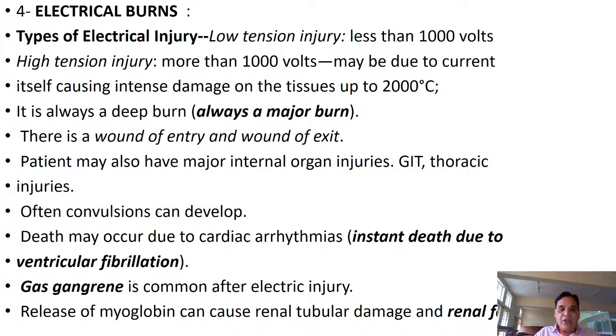Brain injuries can give convulsions, and instant death due to ventricular fibrillation, because all electrical burns cause cardiac arrhythmias. And even if the patient survives, unfortunately he is likely to develop gas gangrene. And because of myoglobin release, this patient will go into renal failure.